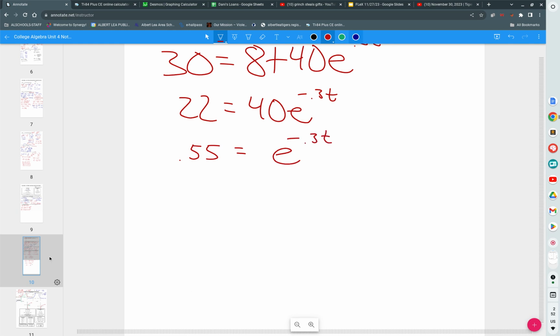Evie has told us to take the natural log of both sides to get rid of e. The natural log of 0.55 from the previous hours was negative 0.59.